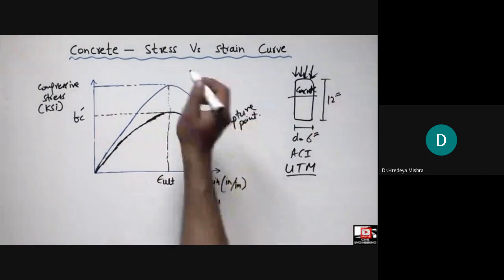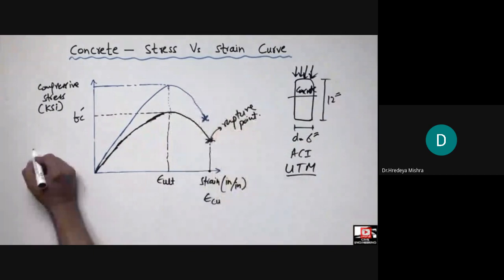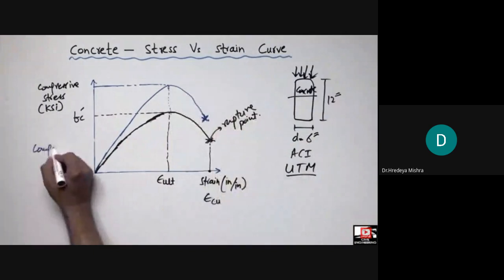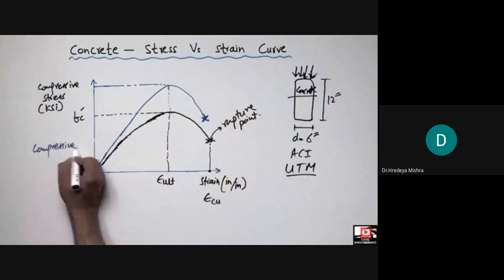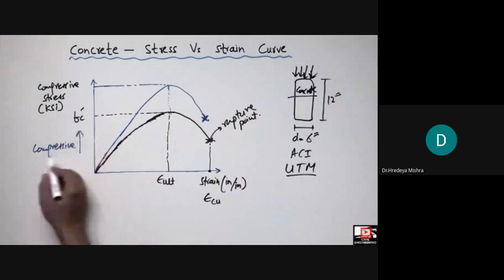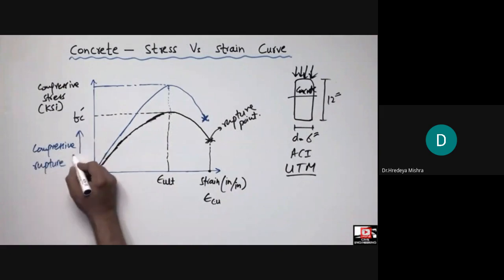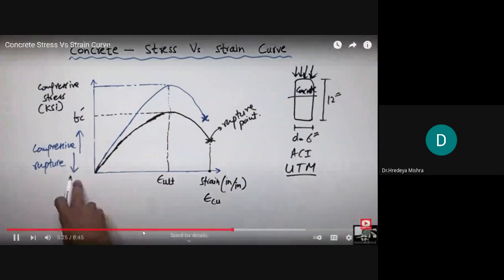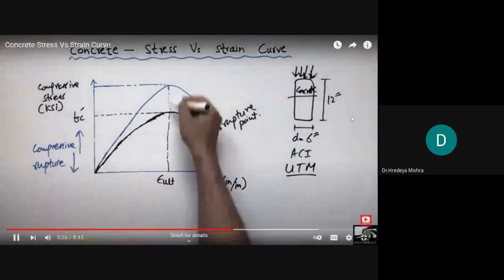So if we are increasing the compressive strength for the concrete cylinder, then the rupture point or the rupture strain for the concrete is going to be decreased, while the ultimate strain remains the same.